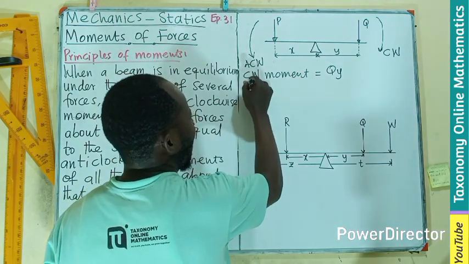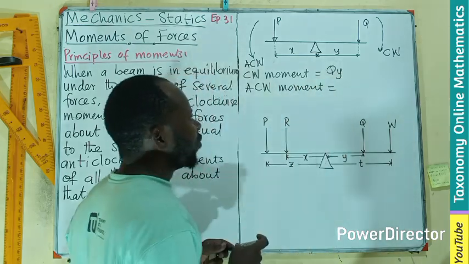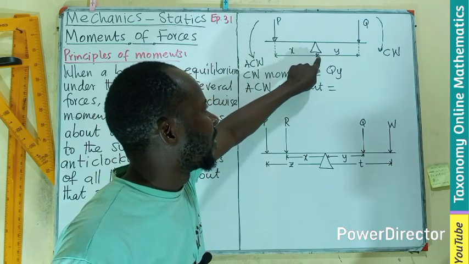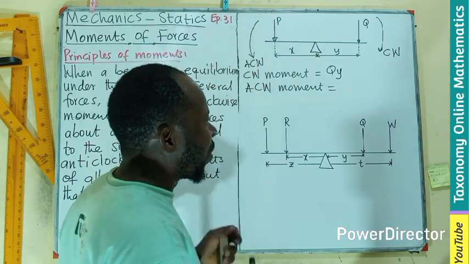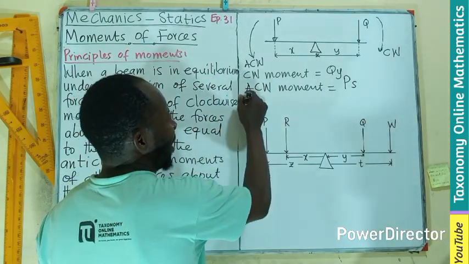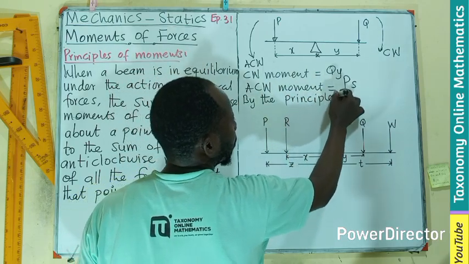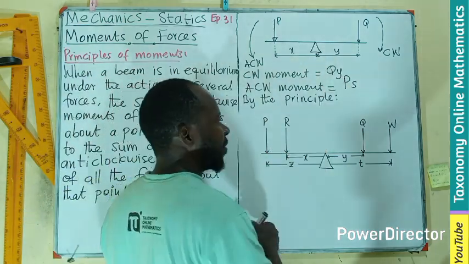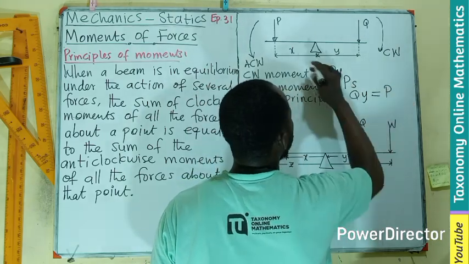Then looking at the anti-clockwise movement, I am having the force being applied here, which has a distance from the fixed point, the point we are having as the pivotal point, perpendicular to the force P, and that is X. So P as the force times X. So by the principle, the clockwise moment, which is going to be Qy, should be equal to the anti-clockwise moment, which is Px.